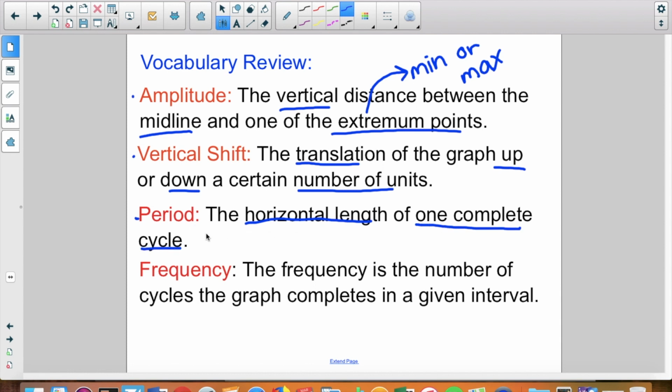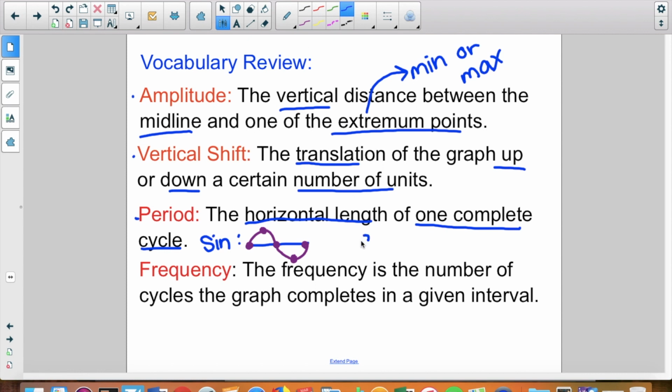Now you have to know what sine and cosine look like for this. So the sine graph, let's say this is our midline. Sine starts at the midline, then it goes above, then it goes to the midline, goes below, back to the midline. So it makes this kind of an S shape.